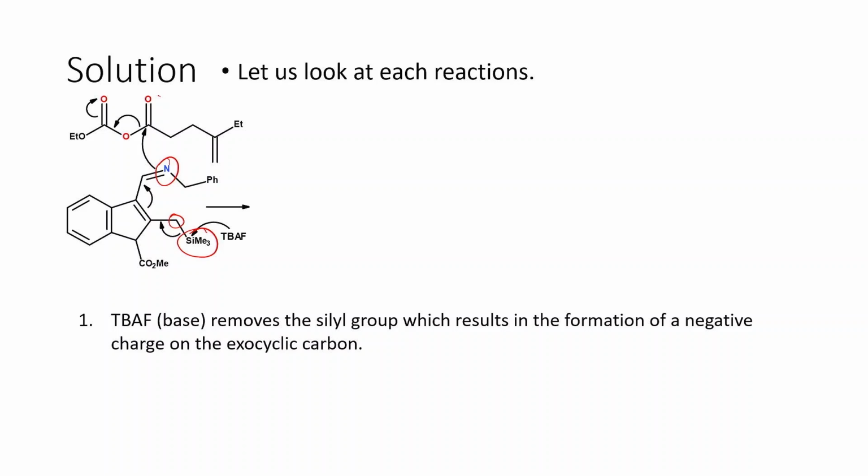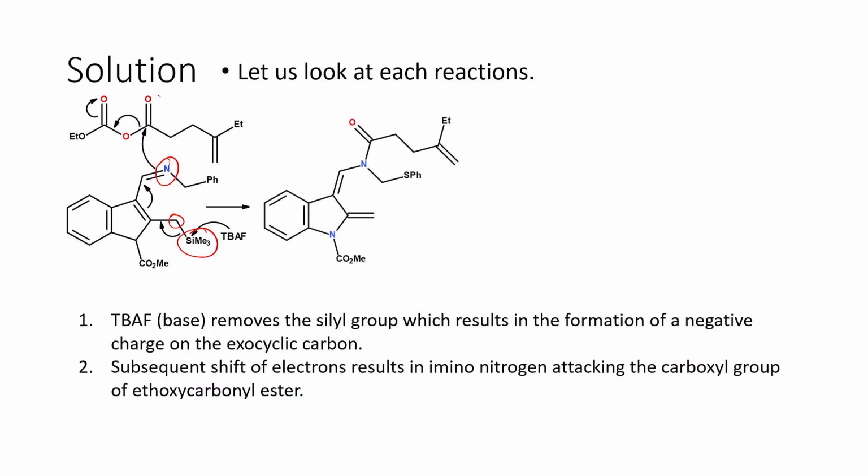So the reaction actually proceeds as shown here with the concomitant loss of the carbonyl unit, and this ethoxycarbonyl ester is attacked by the nucleophilic imino nitrogen, which attacks that ethoxycarbonyl ester's carbonyl unit. So that leads to this particular intermediate.